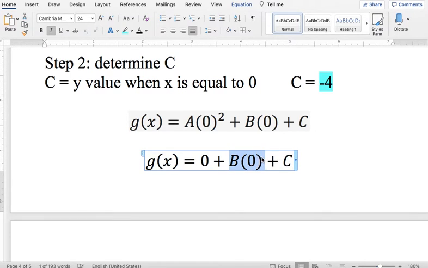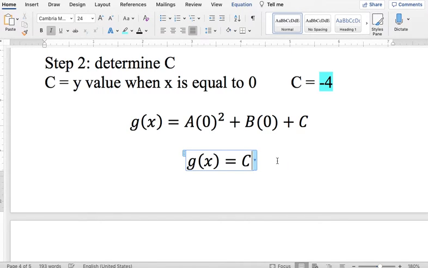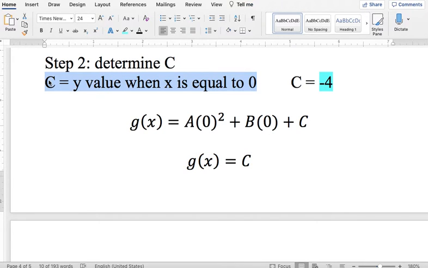B times 0 is 0. And it's just because 0 multiplied by anything becomes 0. And 0 plus 0 plus c is just c. So if my x is 0, then c is equal to my y value. And that's the reasoning why this part right here works, by the way.